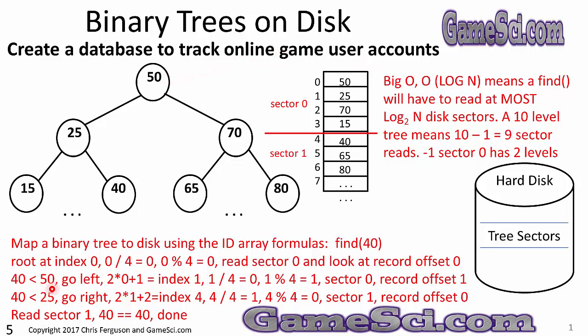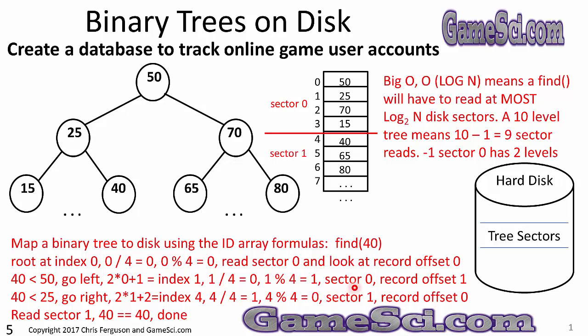40 is less than 50. 40, what we're looking for, is less than 50. So we need to go left. The left child of the root is at 2 times 0 plus 1. The root is at index 0. 2 times 0 plus 1 says we need to go to index 1 to find the left child. 1 divided by 4 says the left child will be in sector 0. 1 modulus 4 says the left child will be at record offset 1.